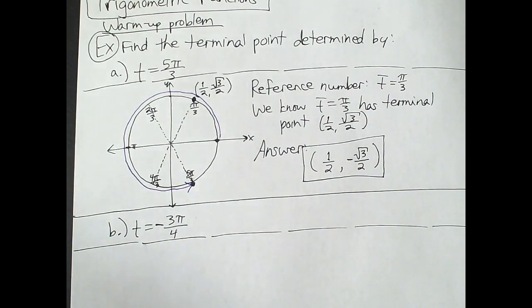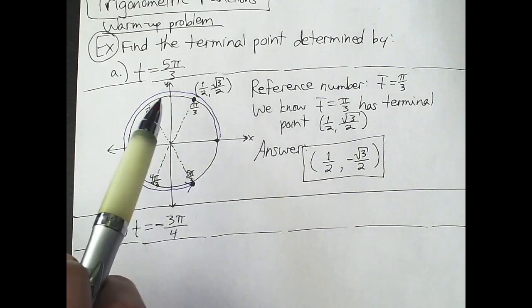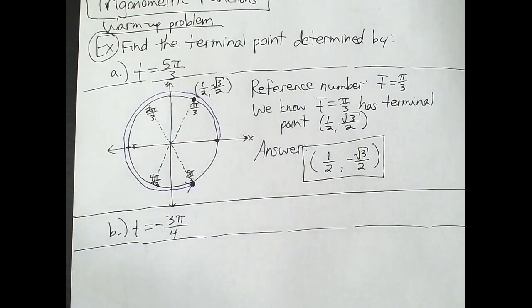So that's the general idea, is you maybe divide the unit circle up into some portions that make sense for what you're working with. I thought chopping it up into pi over 3, another pi over 3, to get 5 pi over 3s, made sense for this problem. The next problem looks like it has pi over 4, so I might do something different for that one.